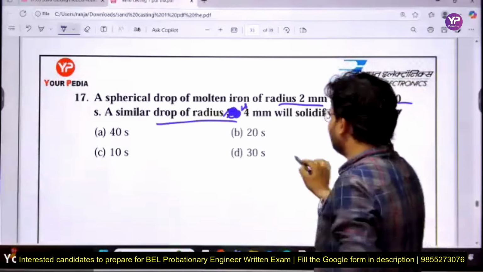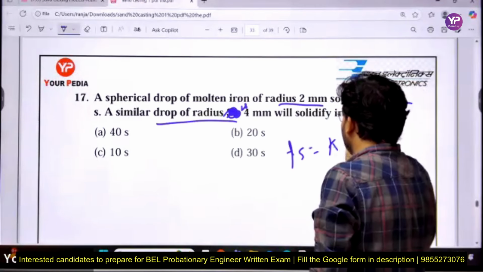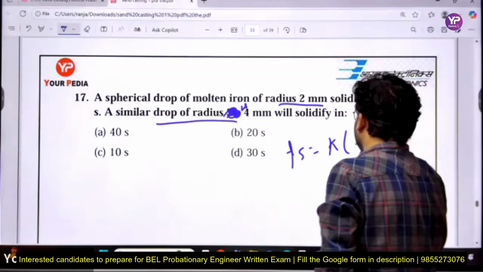See, we have just discussed Ts equal to K into (V upon A) whole squared, right?